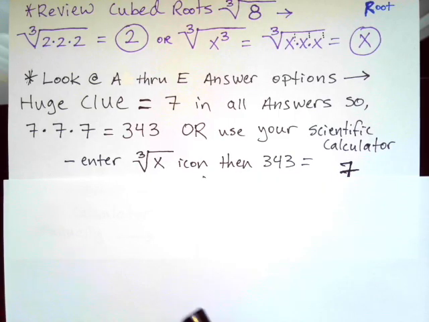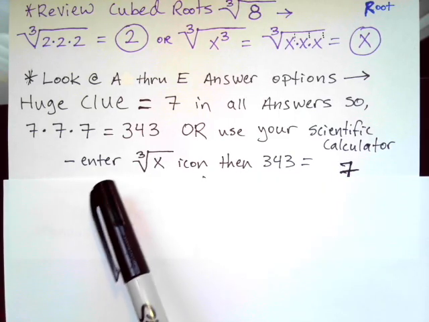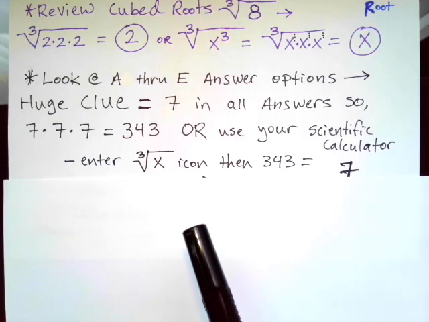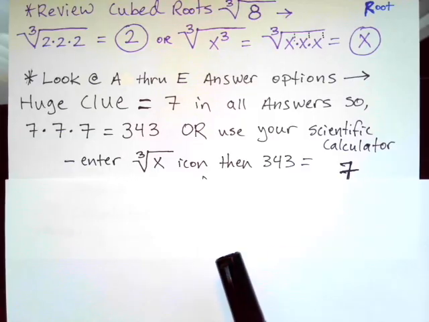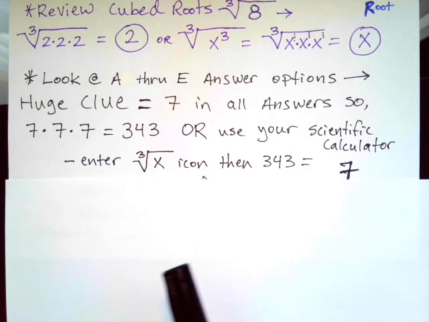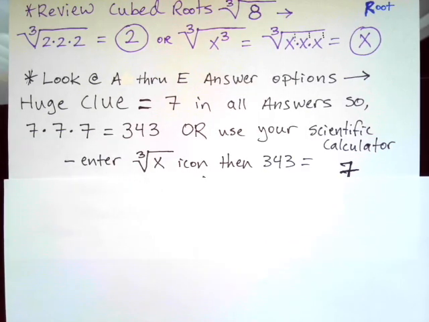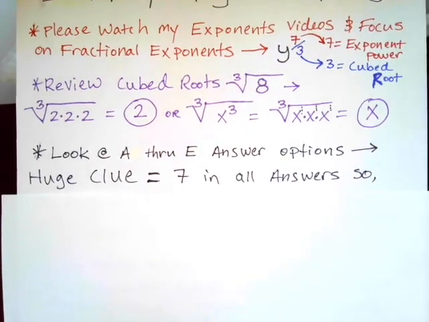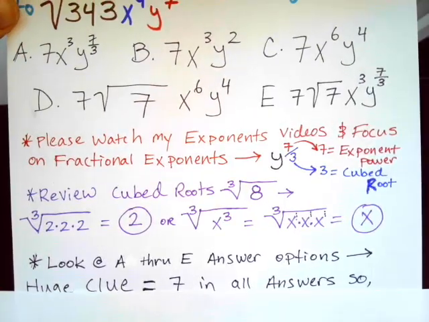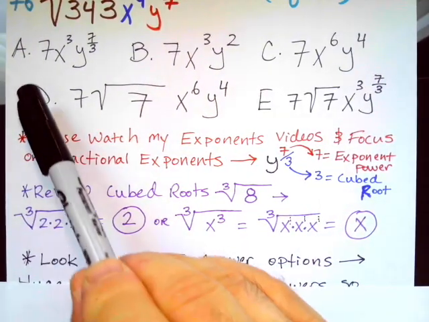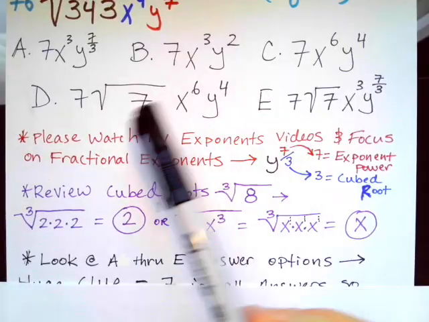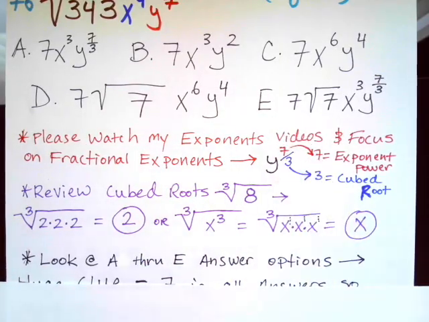So if you're having a hard time figuring out, and you don't have a scientific calculator, you need to determine it manually. Again, I'm going to show you on the next video how to do that. But a huge clue: let's go back to these options, A through E. You can see every one of them has a 7.